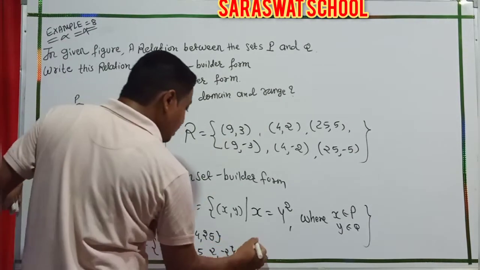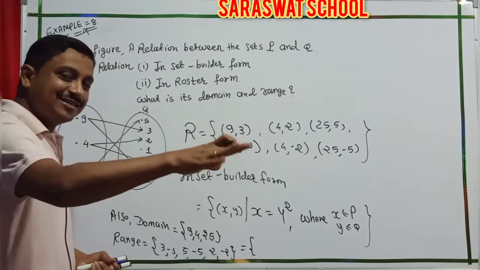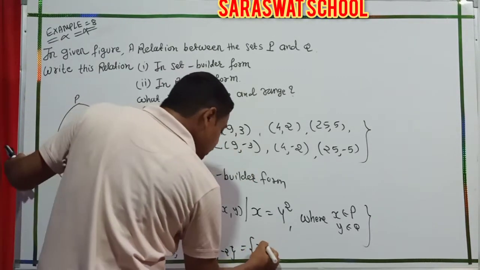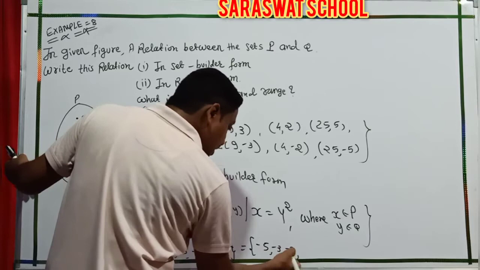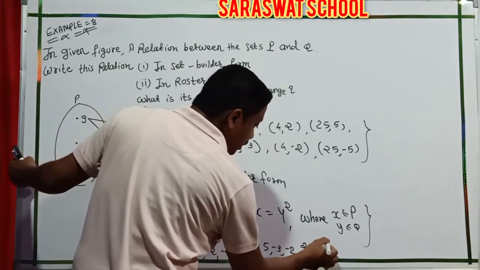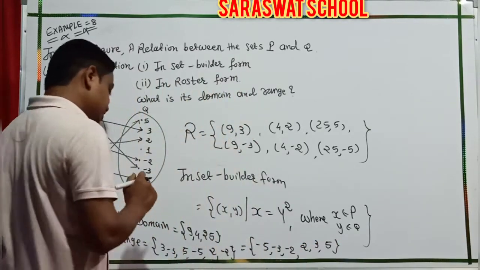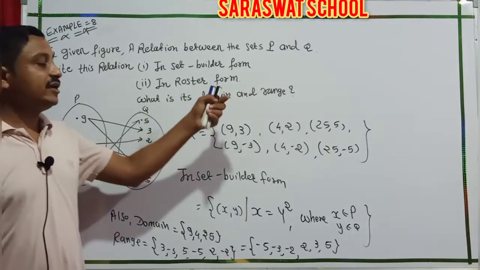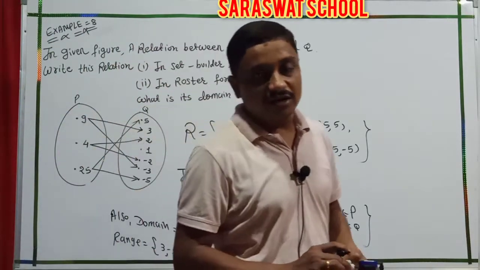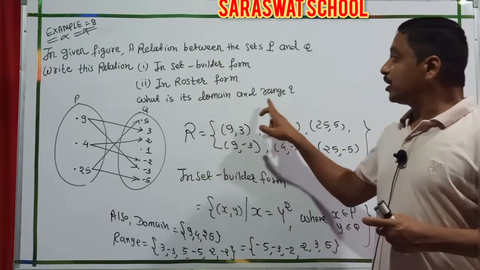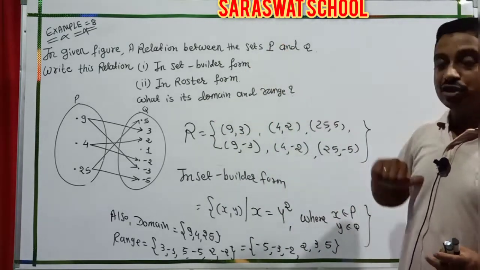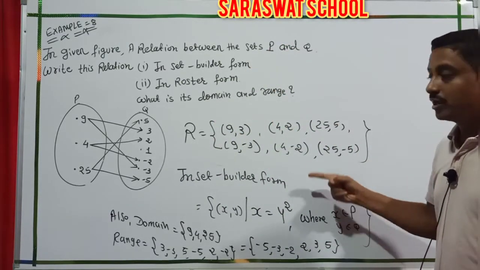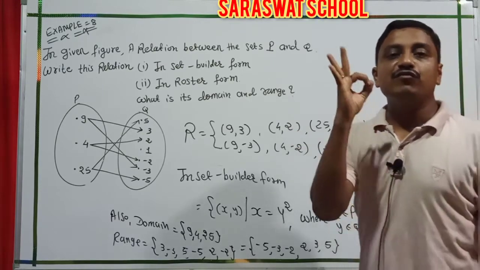If you arrange this answer in increasing order, it is -5, -3, -2 and 2, 3, 5. These values are put and it is easily done, students. This answer covers our domain, range, set builder form and roster form. This is the set builder form, and these are our roster form.